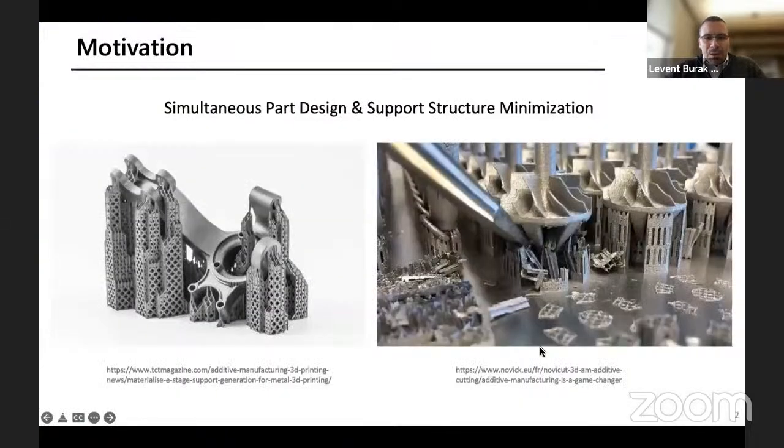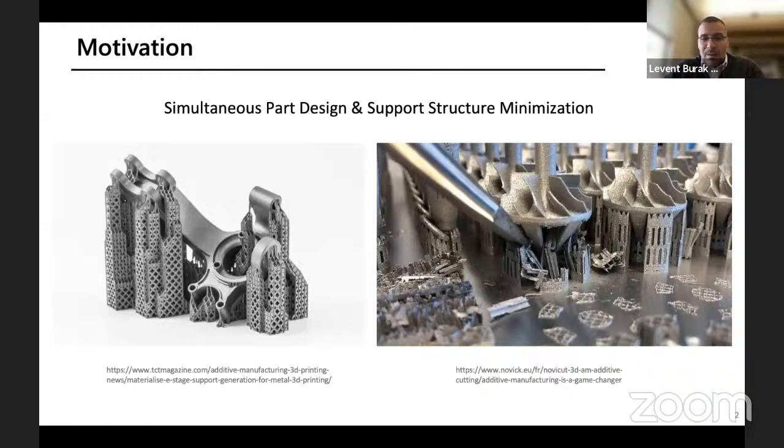The motivation behind this work is to do simultaneous part design and support structure minimization. Support structure is a very big problem in additive manufacturing, especially in metals additive, where in order to prevent shape deformations or support a net part as it's being printed, you need to construct structures that are eventually sacrificial, which are the support structures shown here.